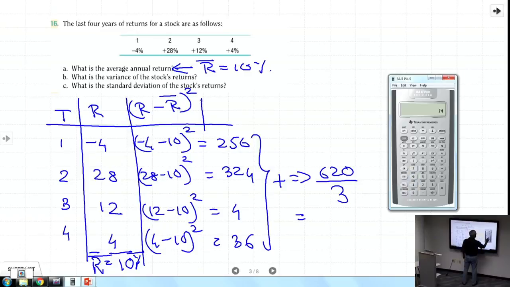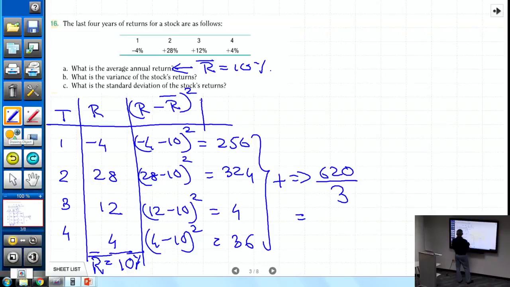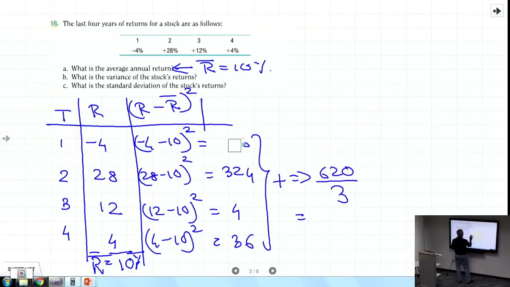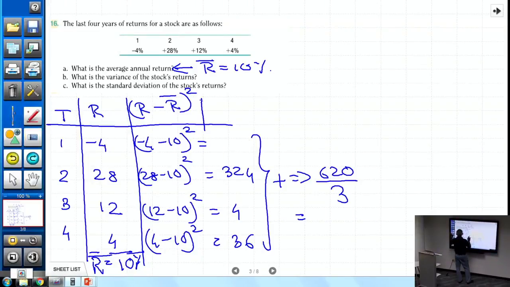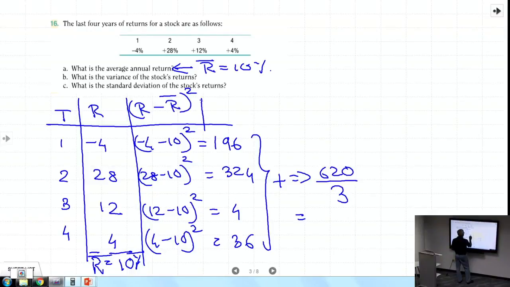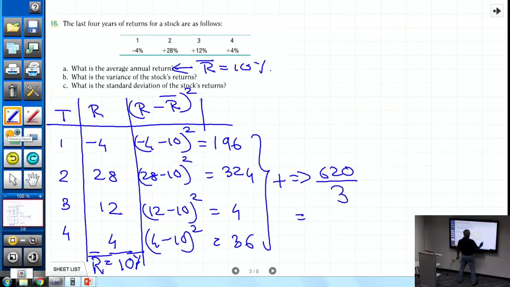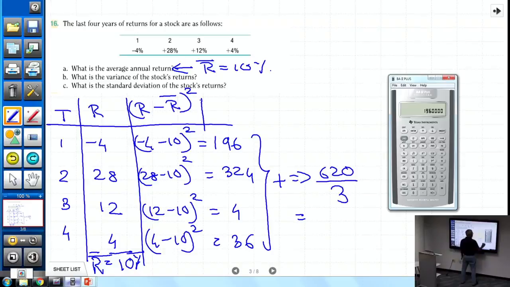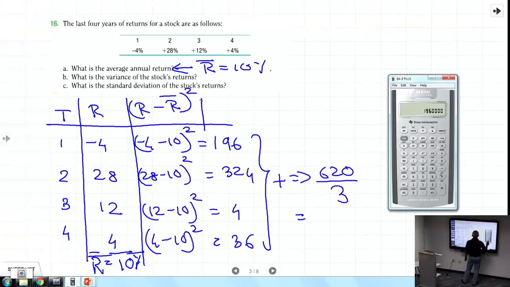Uh, 14 squared is 196. So the first one is 196, not 256. So 196 plus 324 plus 4 plus 36 is 560.